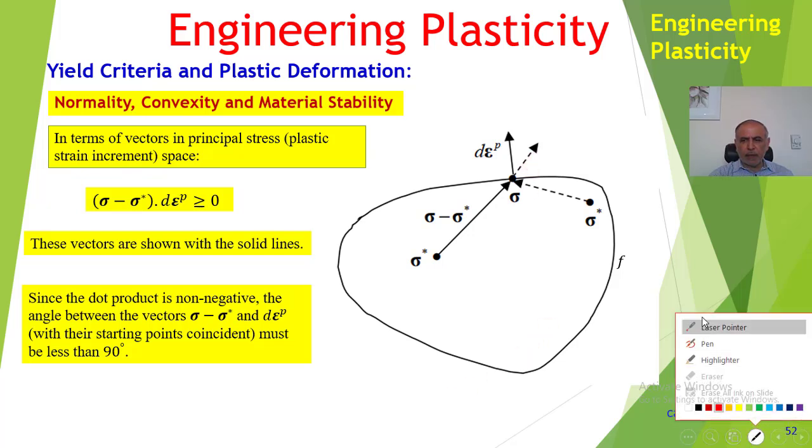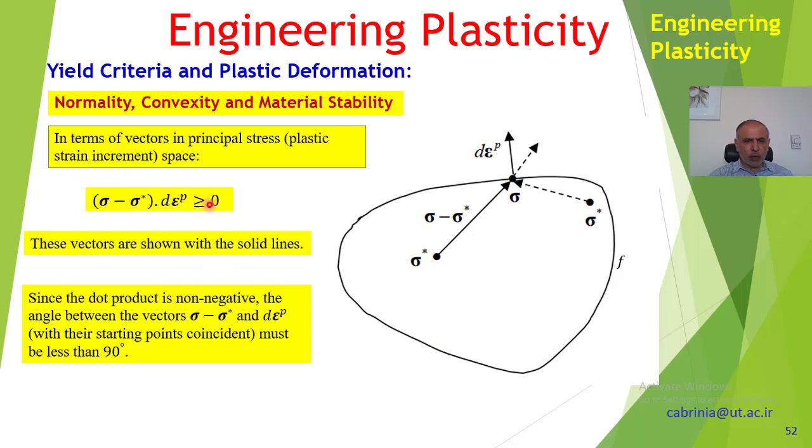Since this dot product is non-negative, the angle between the vectors sigma minus sigma star and d epsilon p, with their starting points coinciding, must be acute, or less than 90 degrees. If this is so, then this is correct. If it is not so, then it is not correct.